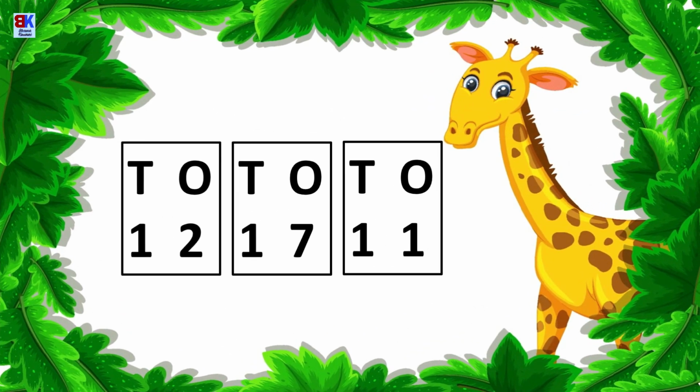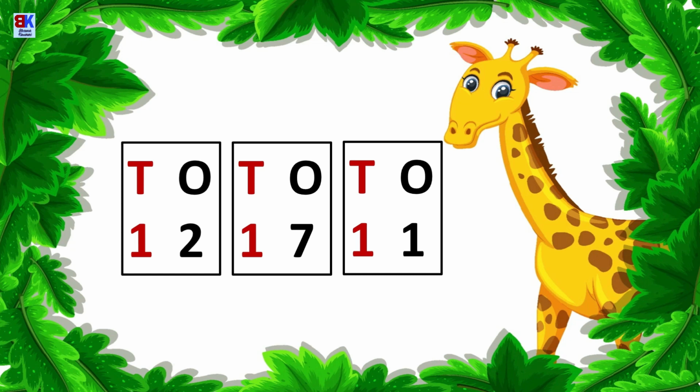These are the numbers 12, 17 and 11 which we have to arrange in descending order, that is, from greatest to smallest. To compare numbers, we will first follow the first rule. Since the number of digits is the same, we go to the next rule, that is, check the numbers in the tens place.